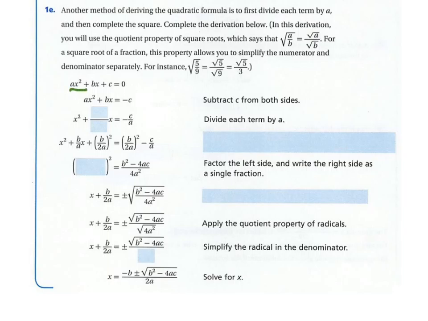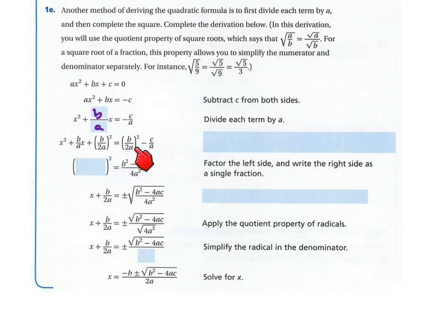So all we do is we're doing the math over here, and then we're explaining what we're doing. So here's our starting point. We subtract c from both sides. Oops, ignore that. We subtracted c from both sides. That's all they did to get from step 1 to step 2. Then we divided each term by a. So that turned into x squared plus b over a x equals negative c over a.